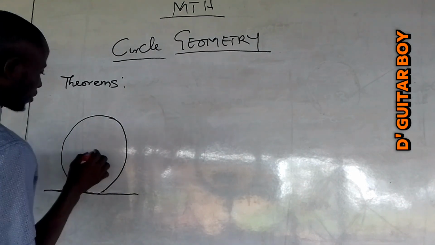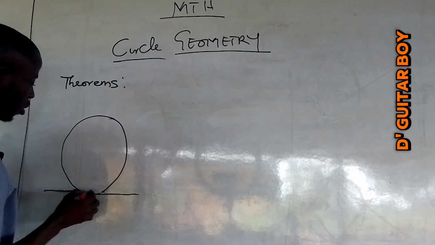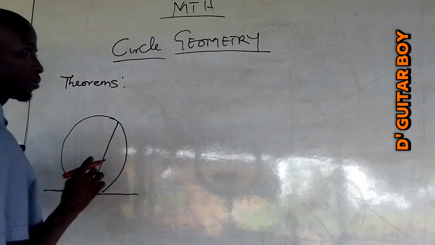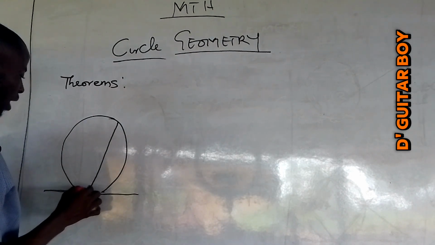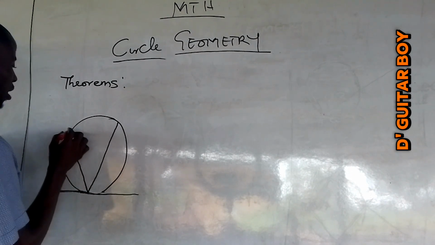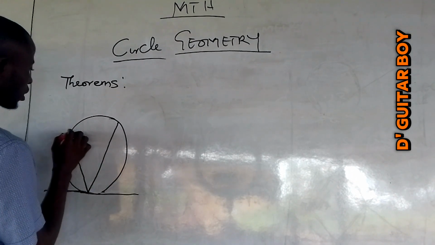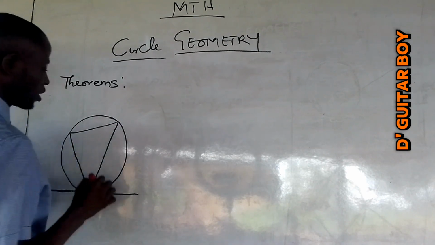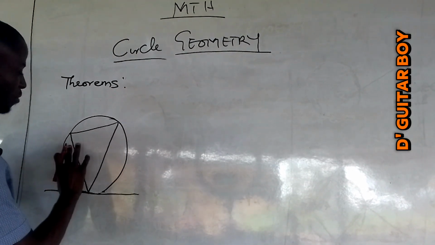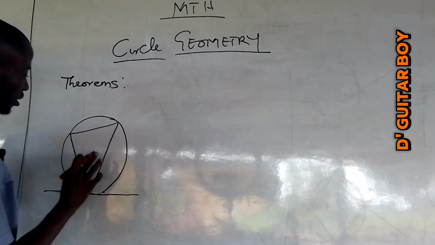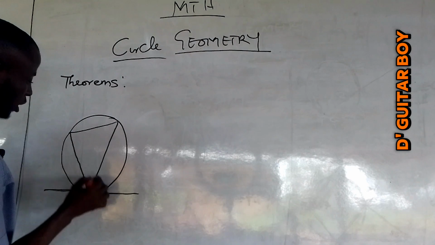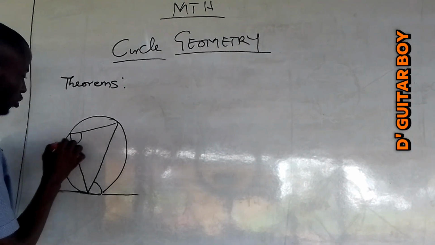You draw a chord. This is a chord, and you have another chord here, and you have another chord here. What this particular theorem is saying is that this is an alternate segment. So this theorem is saying this angle is equal to this angle when you have something like this.